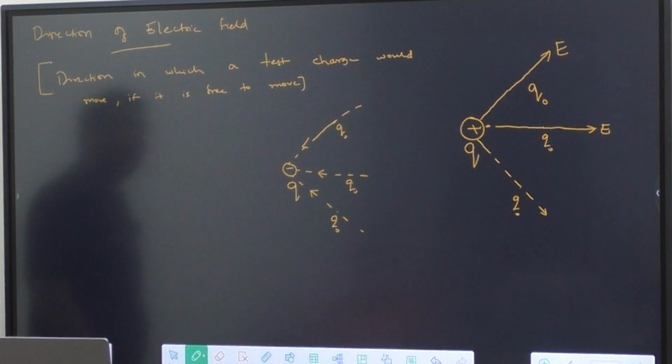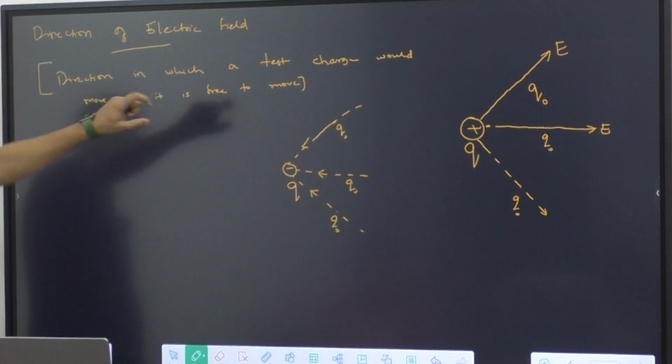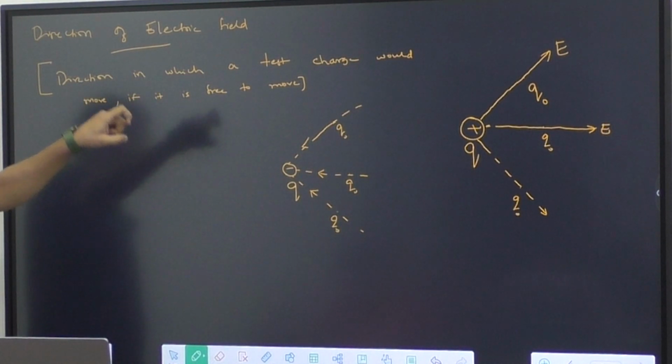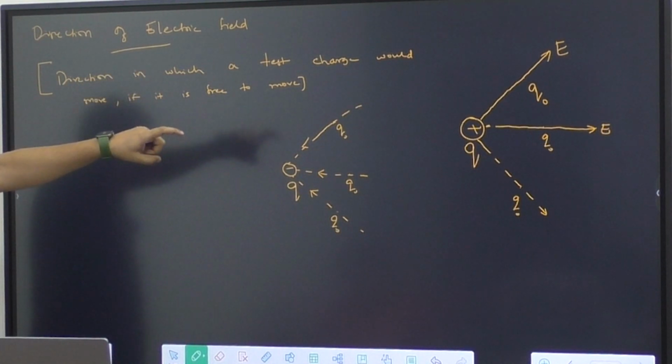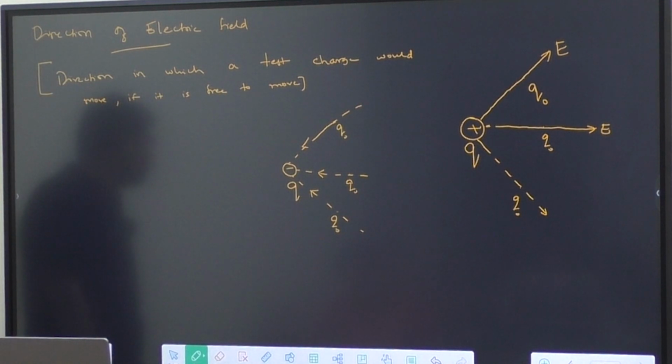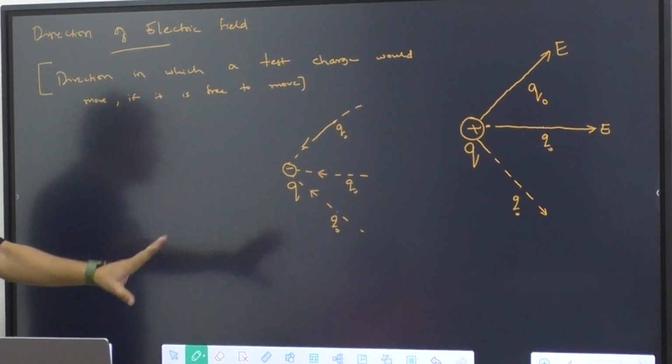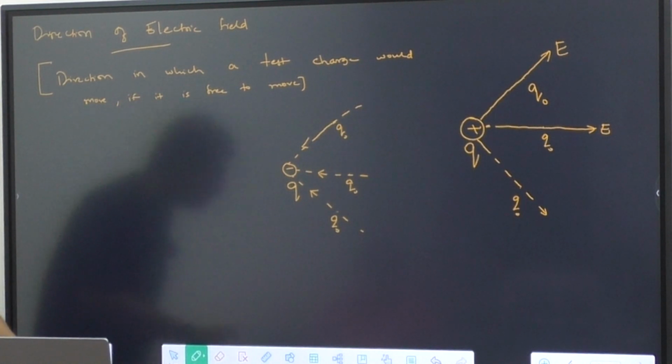So an important point to note is that the direction in which the test charge will move if it is free to do so is the direction of electric field due to that source. Always remember, electric field is created by the source charge, not by the test charge. So when someone asks you what is the electric field due to a charge, what charge are they referring to? The source. Every time they may not mention source charge, but you should know.